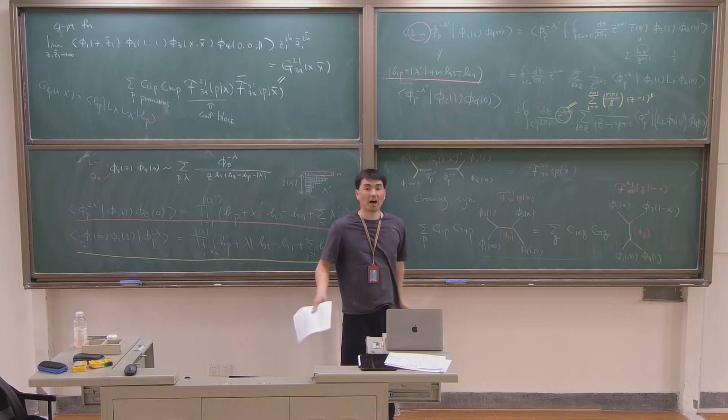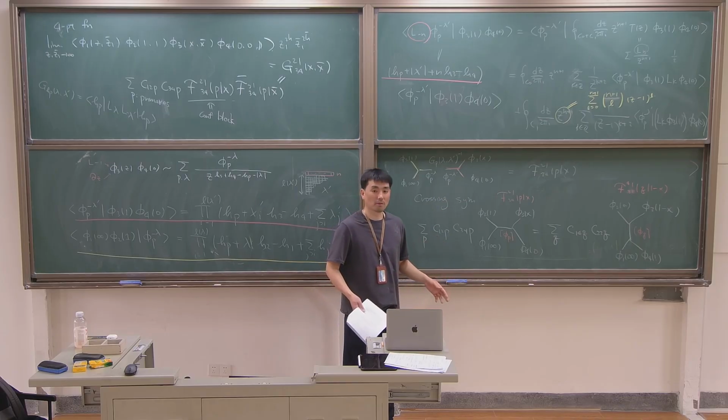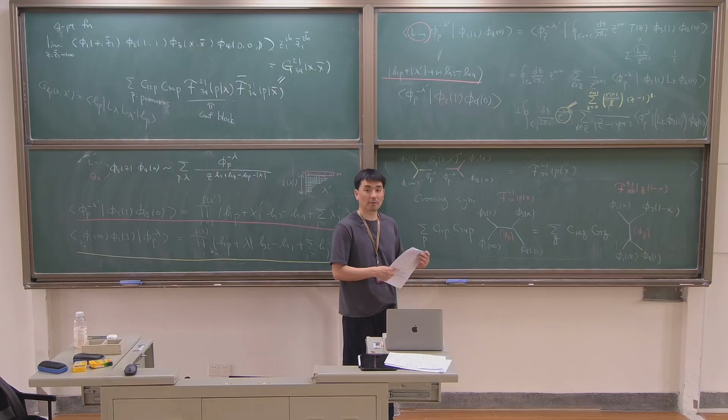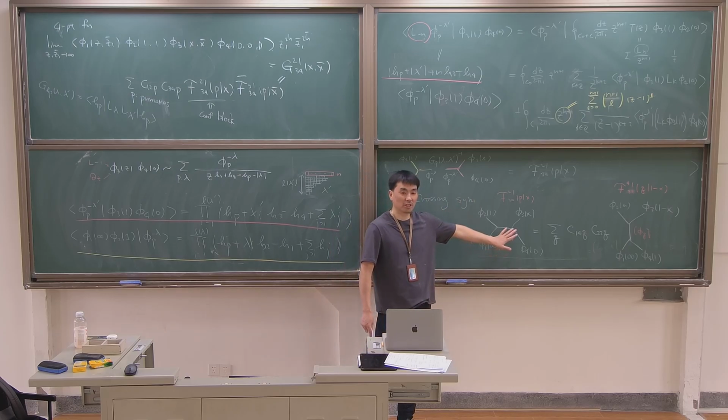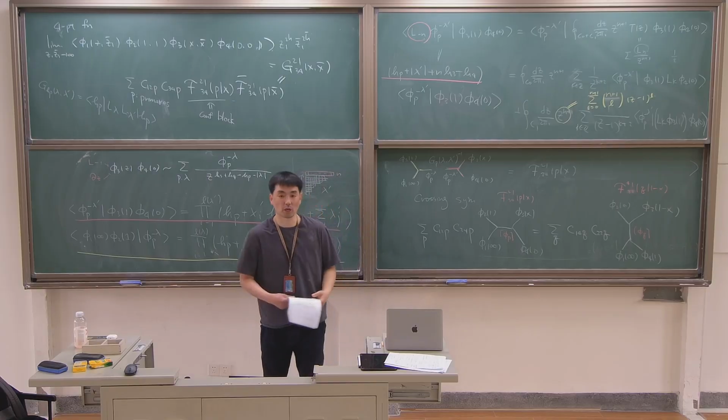But in the case of higher-dimensional conformal field theory, things are not so simple because you don't have a Virasoro algebra. Therefore, to compute the conformal block, one has to start with this identity, crossing symmetry. That's called the idea of the conformal bootstrap.